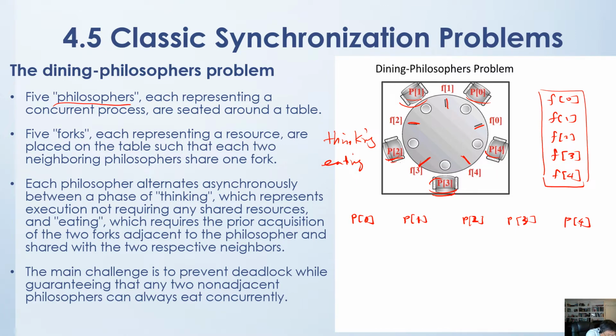So here's a scenario. When a philosopher is thinking, it doesn't require any resources. And while the philosopher is eating, it takes some resources. And then back to thinking, and back to eating, back to thinking. For philosopher 2, philosopher 1, you're going to do the same thing.